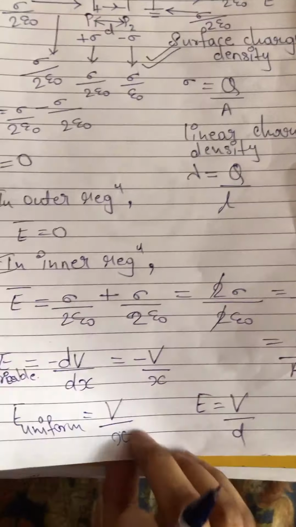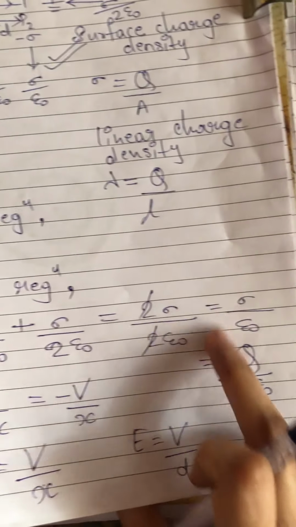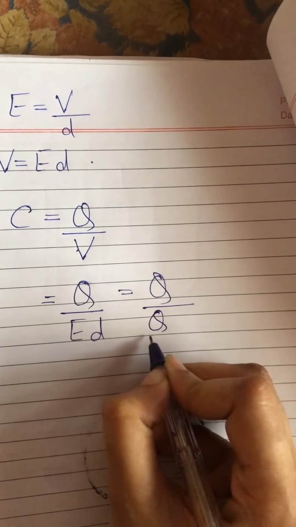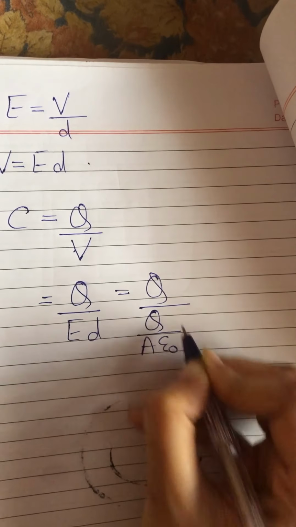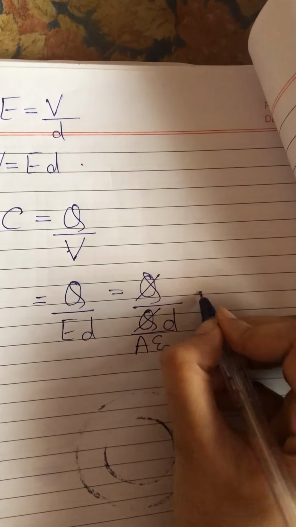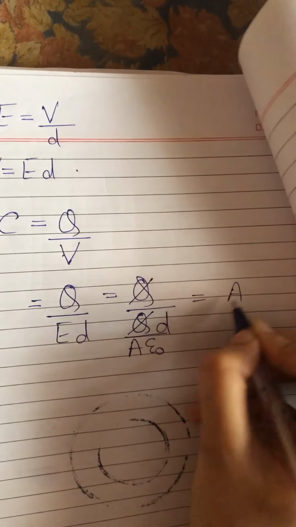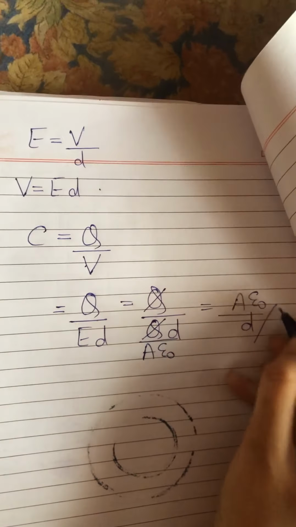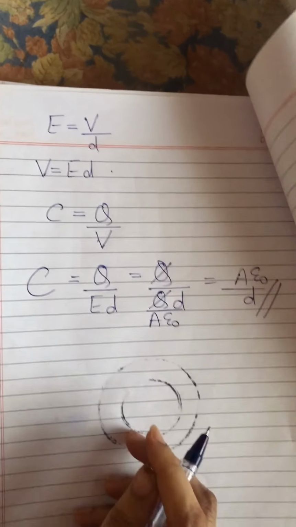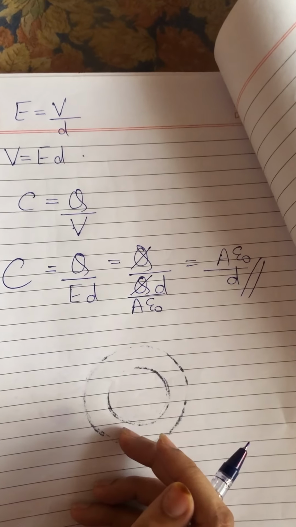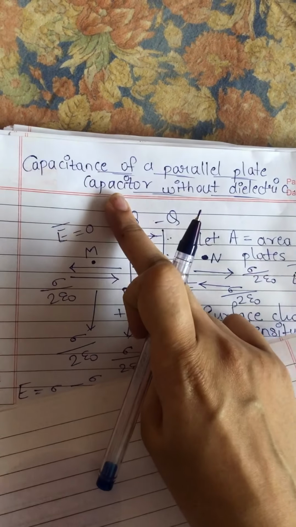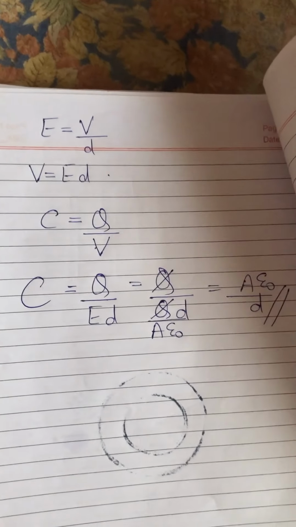We have just calculated E. E is Q upon A epsilon naught, and this d. So Q gets cancelled. This A upon epsilon naught will go in the numerator, A epsilon naught upon d. This is the formula for capacitance between the two parallel plates without dielectric. We can also say capacitance of a parallel plate capacitor without dielectric.